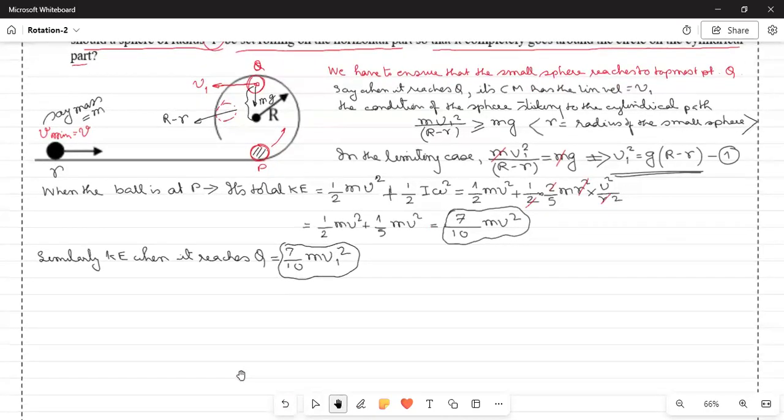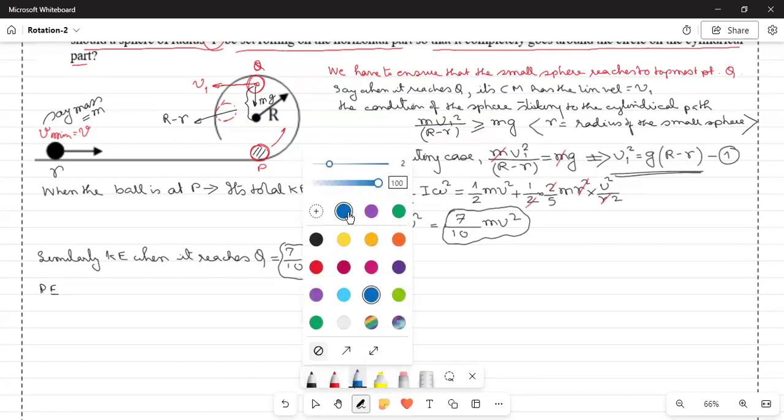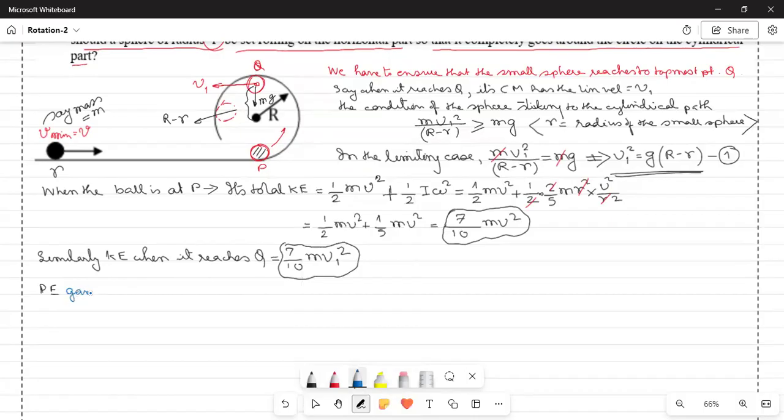Now, what is the potential energy gained by the ball when it reaches from P to Q? It is equal to mgh. mg, and what is the distance from here to here?